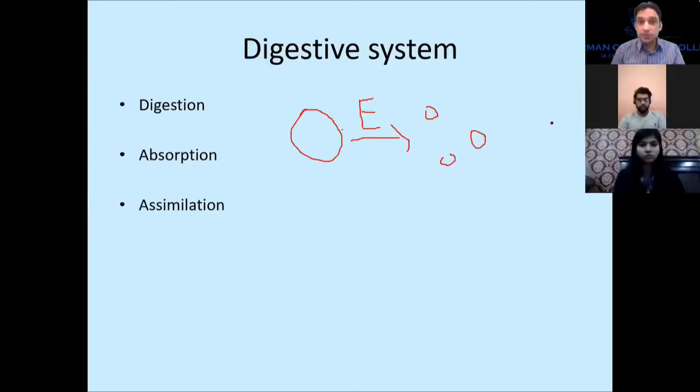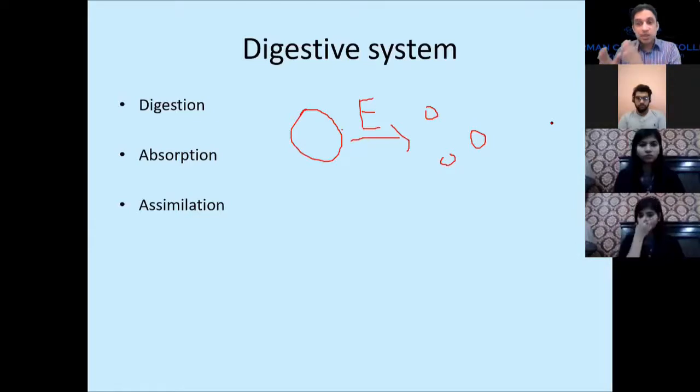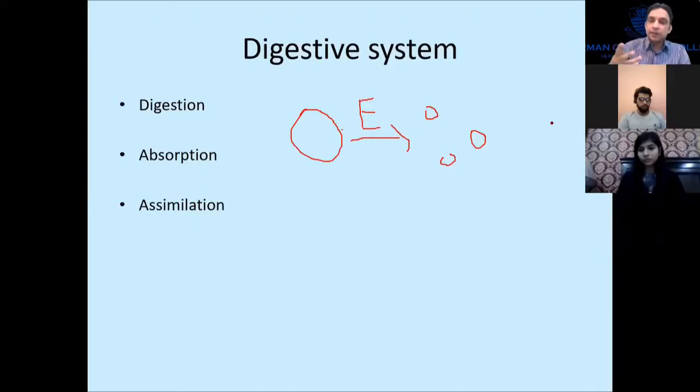So in digestion, the big molecules are converted into simpler components, so we can absorb them into the blood and then later utilize them, which is called assimilation. We are able to utilize them to produce energy or produce the building blocks of our own bodies.